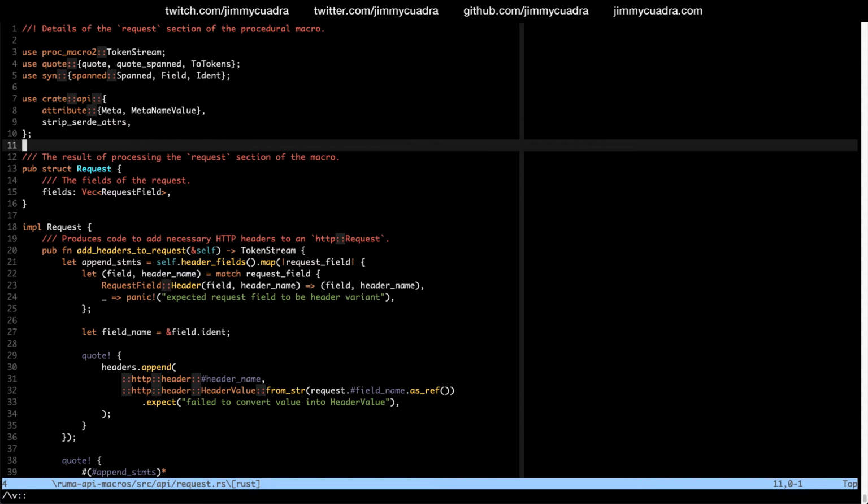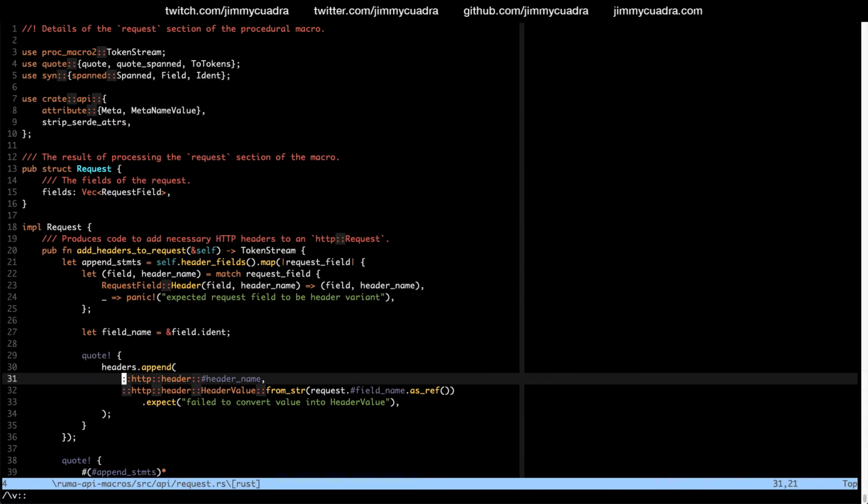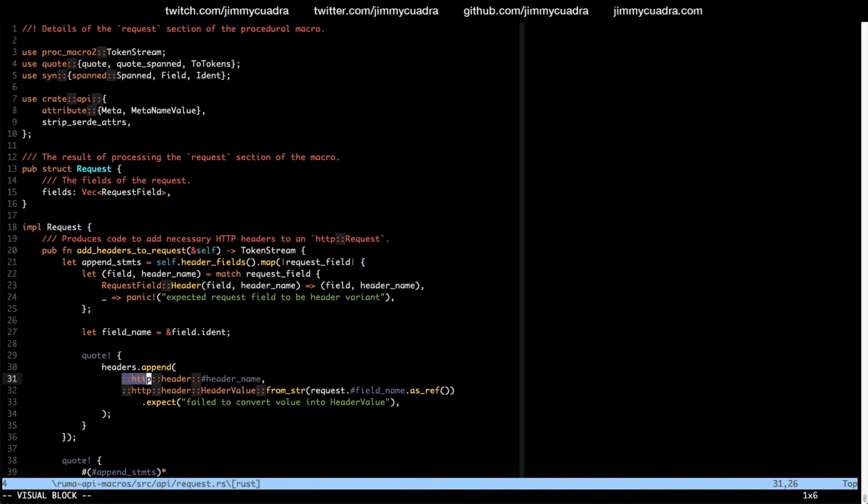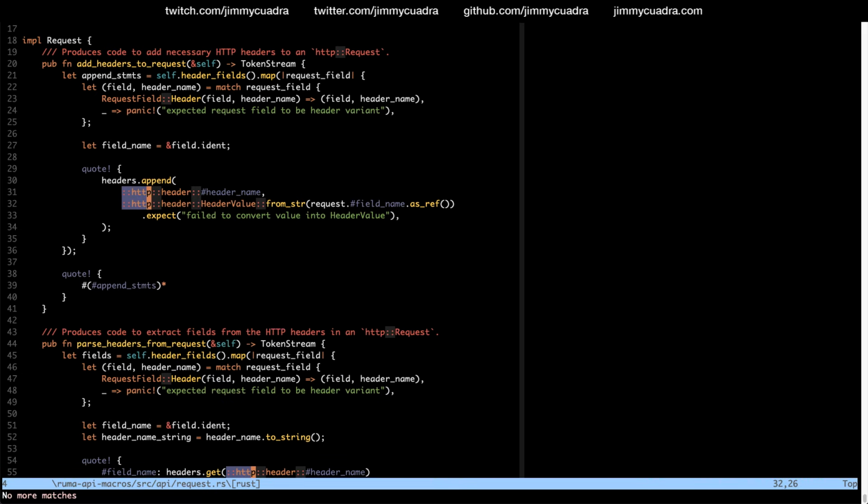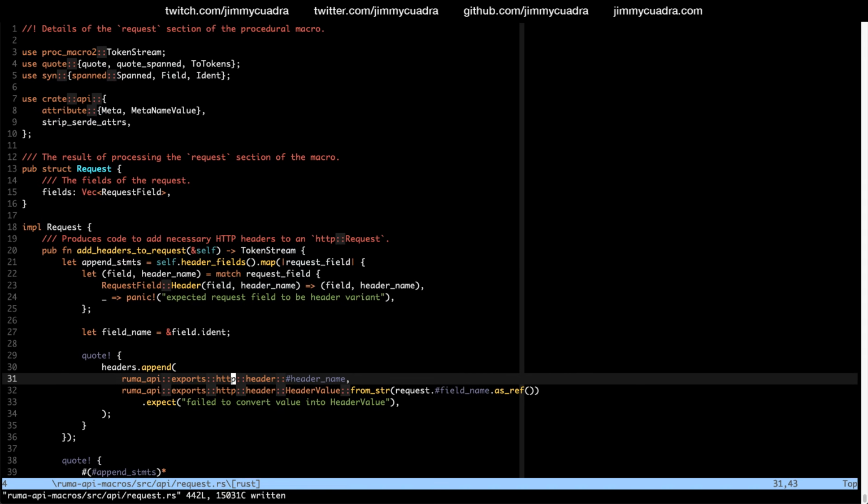Sure enough, we still have references to like http without this. So let me get all of these, and we're going to type it correctly this time. So this is ruma_api exports http. So no quadruple colons.